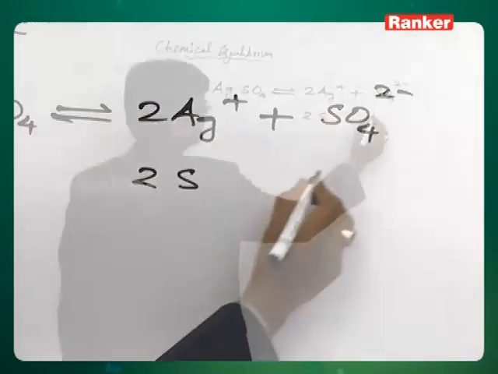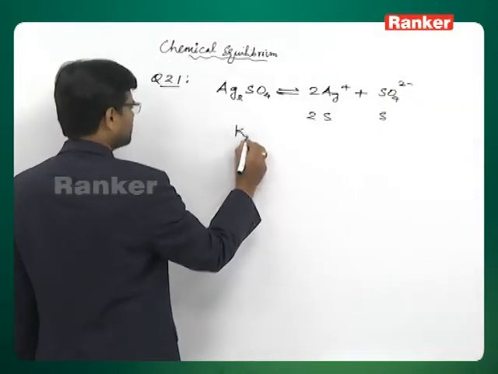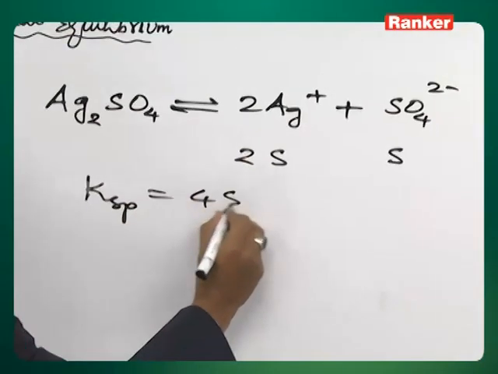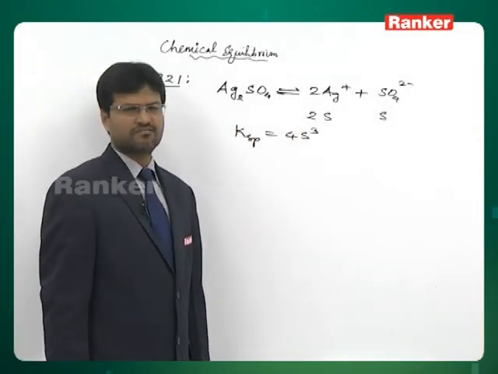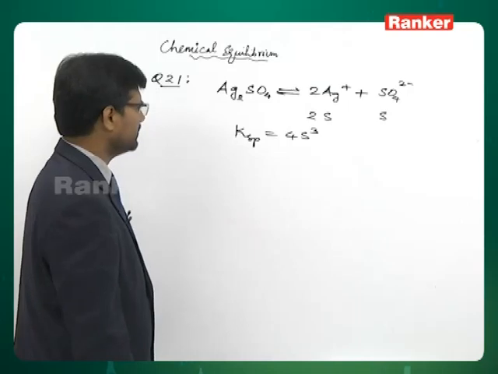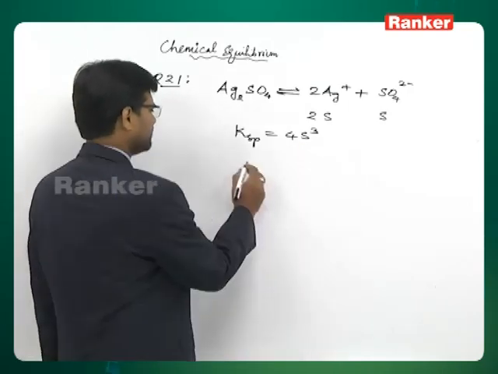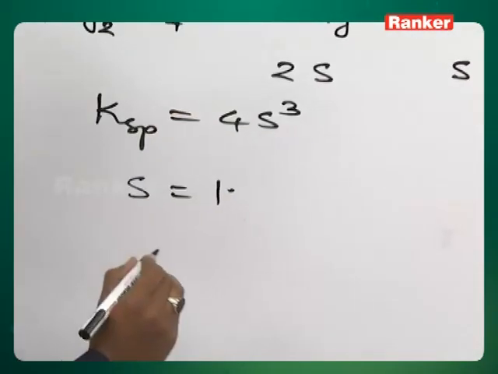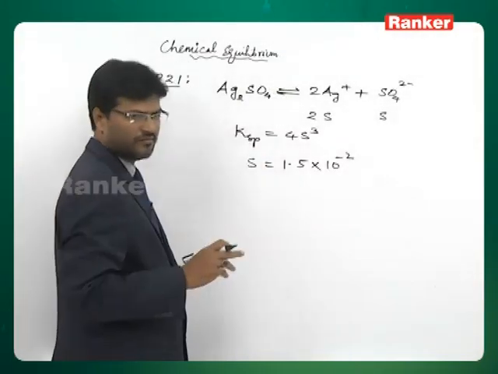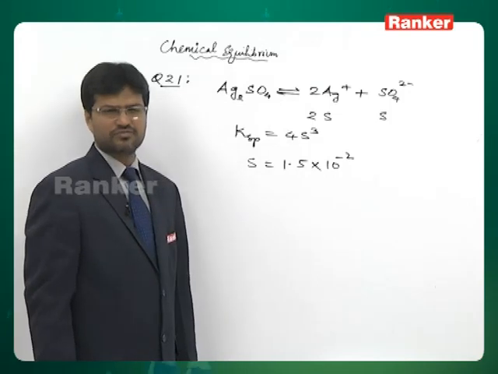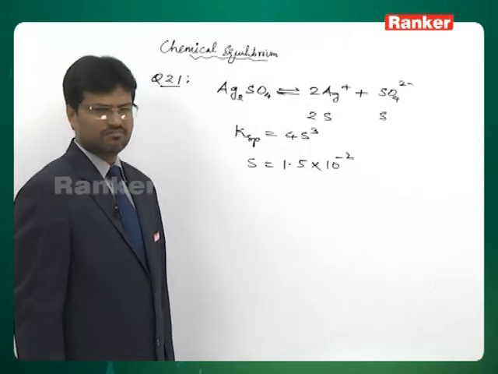This is 2S, this is S, Ksp equals 4S cube. And now S is given as 1.5 into 10 raised to minus 2. If you put this value, you can get Ksp value, and the value comes to 1.35 into 10 raised to minus 5.